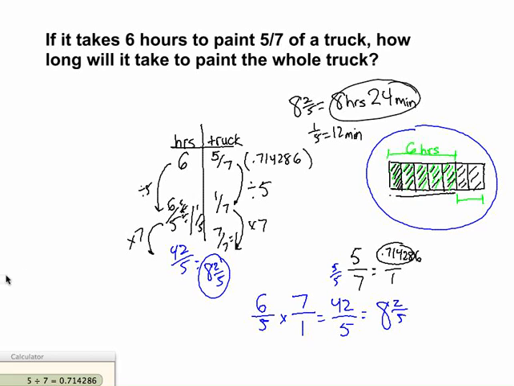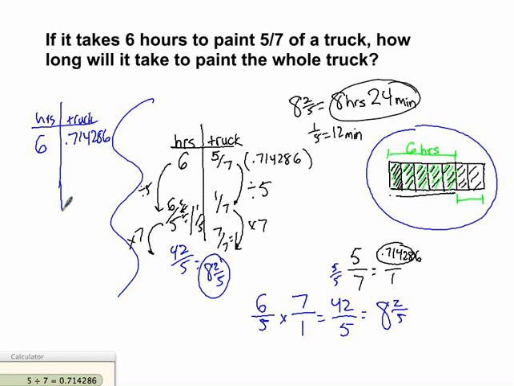If you are solving it with decimals, and once again, that's such a difficult path to go, you would go from 6 hours per truck to 0.714286, and you would figure out we need to get the whole truck. How do I get from 0.714286 to that whole truck?